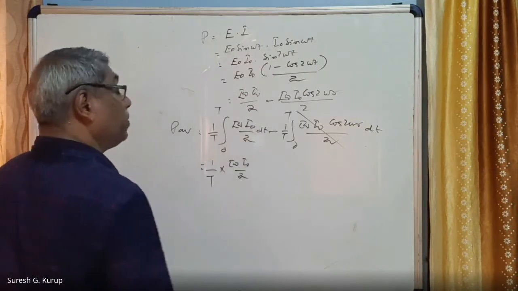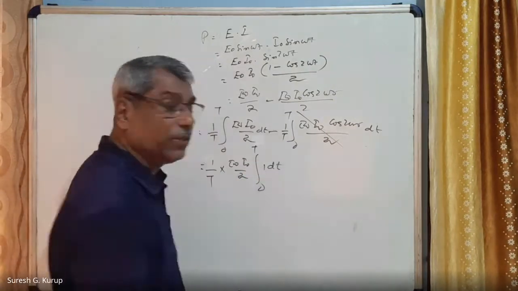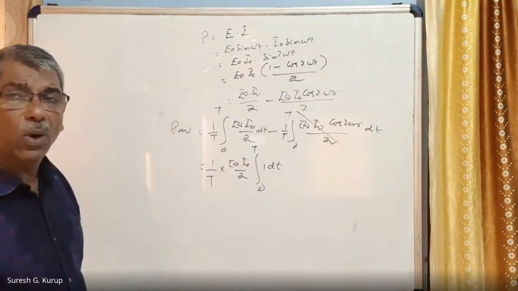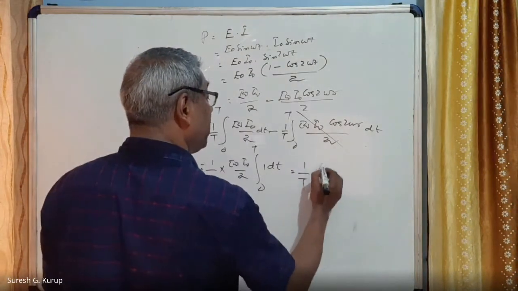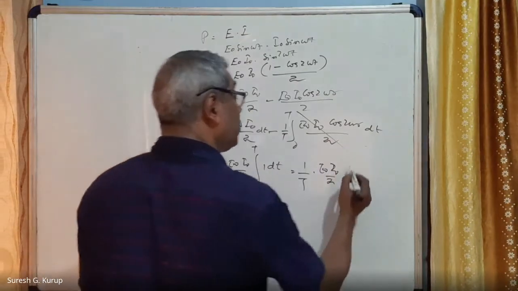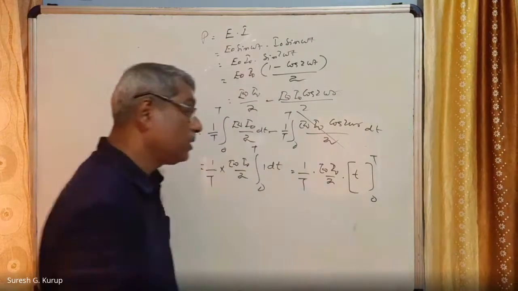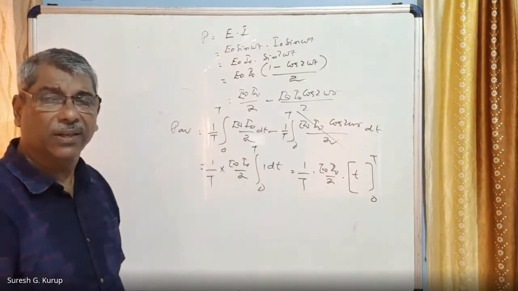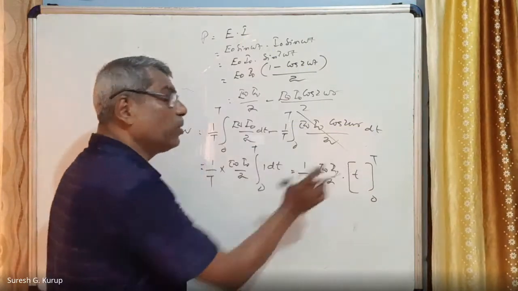Integral 0 to T of 1 dt, and integral 1 dt is equal to small t. This is equal to 1 by capital T into E0 I0 by 2 into small t within limits 0 to T. This is how it is integrated. Am I correct? Yes. Why? Integral 1 dt is equal to t.